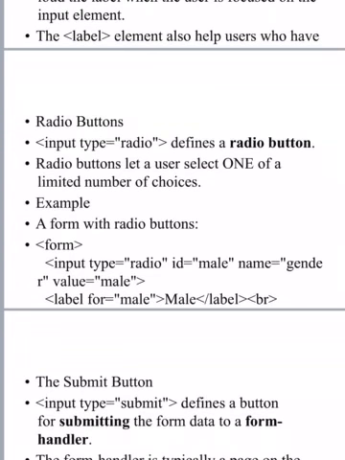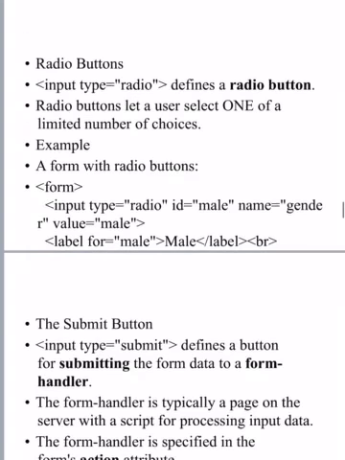Mostly we use these radio buttons to select the gender during the registration of a page. Select your gender, then you will click either male or female. So there we use radio buttons.